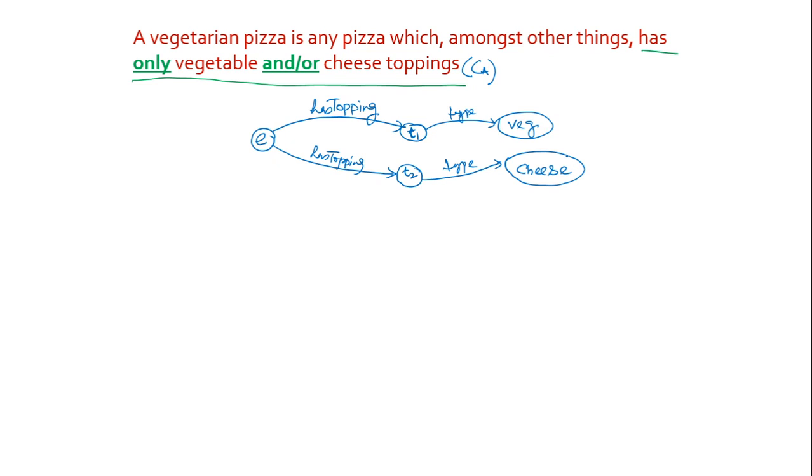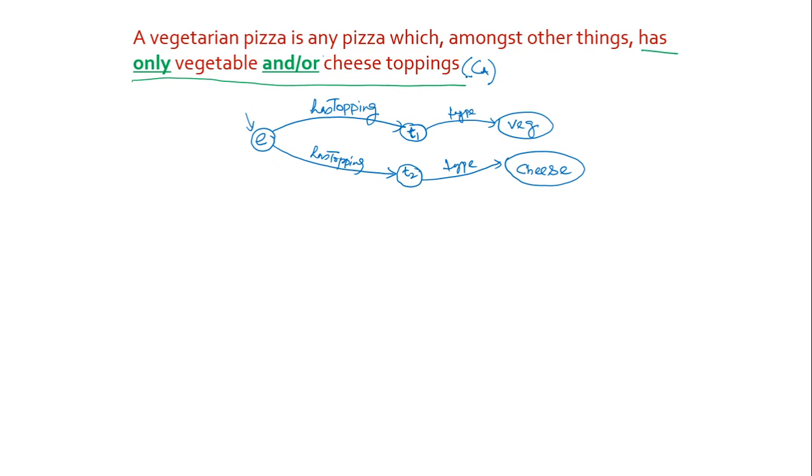Now if you had a description like has only vegetable topping, removing this cheese part, then E would not be a member of the CA class. We are saying that a vegetarian pizza is any pizza which among other things has only vegetable topping, so in that sense E would not be a member of CA, right?